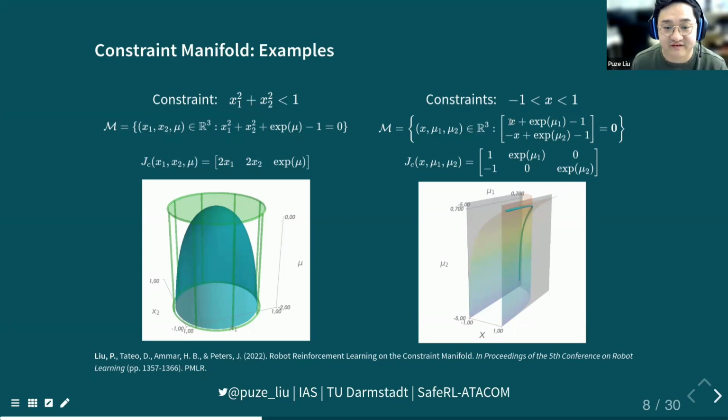These two curved surfaces are determined by x plus exponential of mu1 minus 1 equals 0, and minus x plus exponential of mu2 minus 1 equals 0. You can also see that all of the points on the manifold are ensured to stay within these two gray planes, so that x stays between minus 1 and 1.